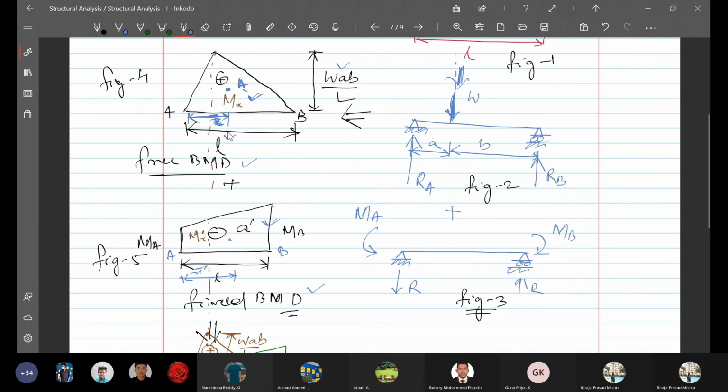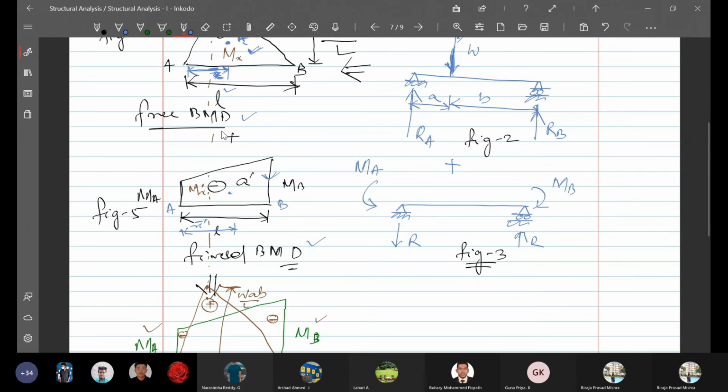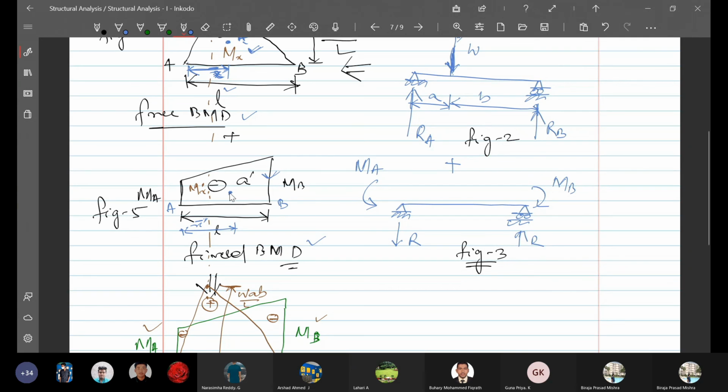What is the value of this centroid? L plus A by 3. And what is the value of this from A?